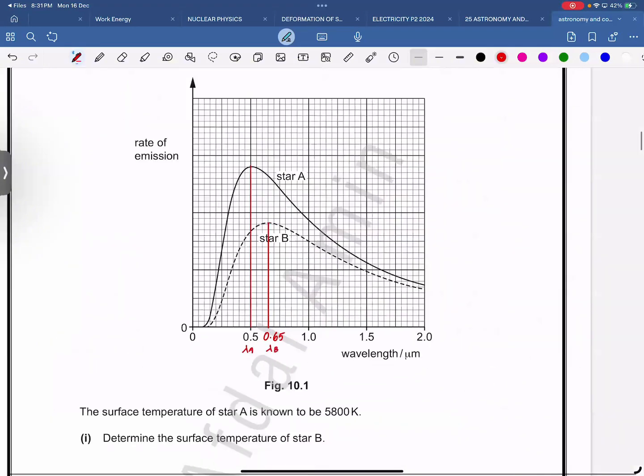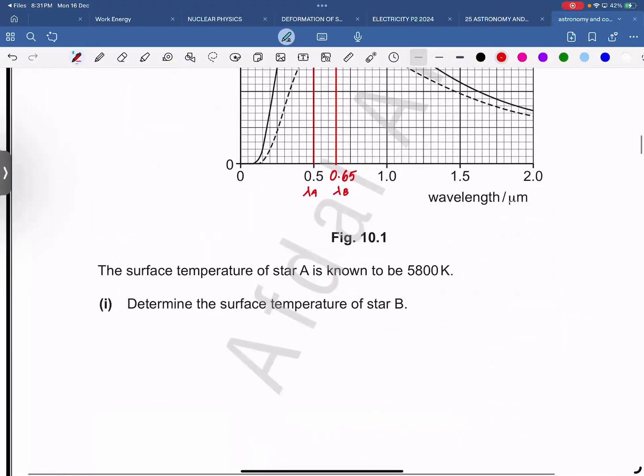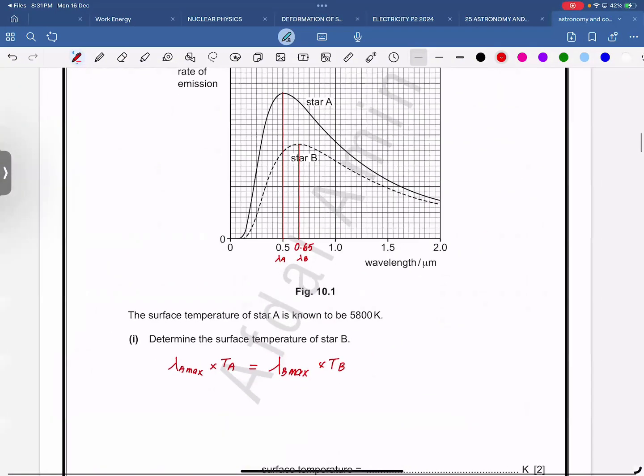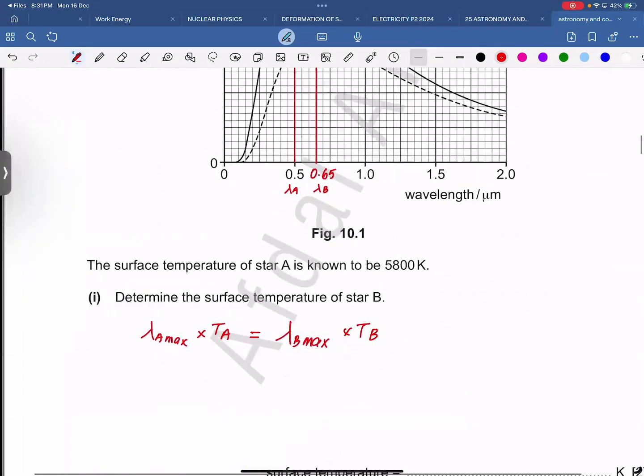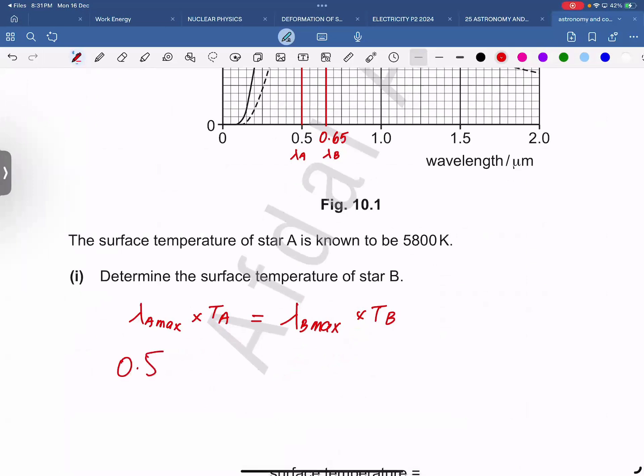Both are max. Wien's displacement law, they are in micro, but it doesn't matter. So lambda A max times TA equals lambda B max times TB. For A, it is 0.5 micro, temperature is 5800.